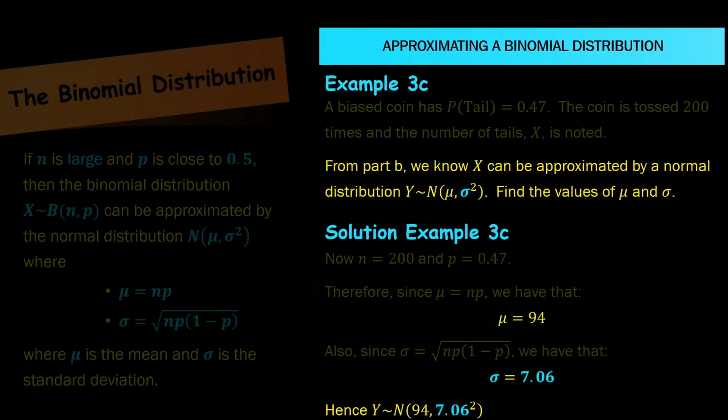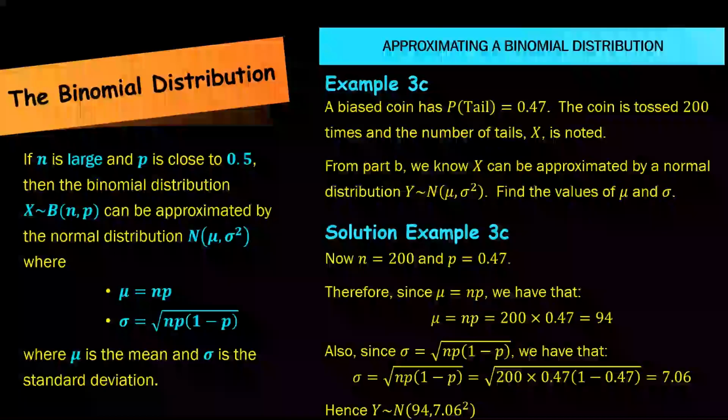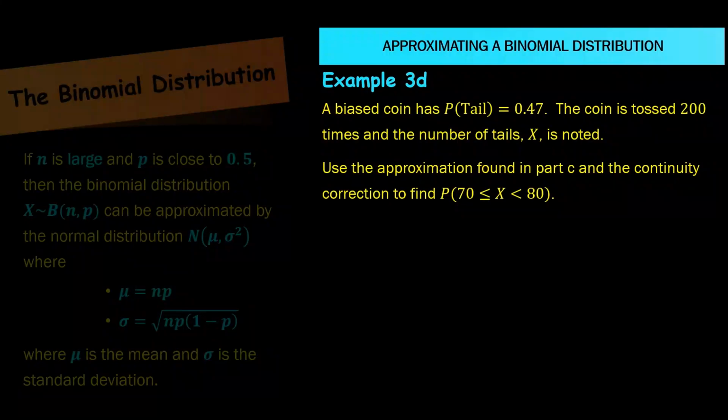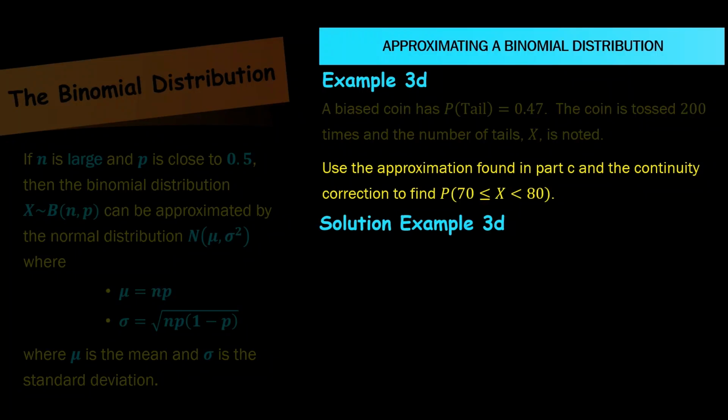Now for part D. Use the approximation found in part C and the continuity correction to find the probability that x is greater than or equal to 70 and less than 80. So let's solve this. From part C, we have that y is distributed normally with mean 94 and variance 7.06 squared.